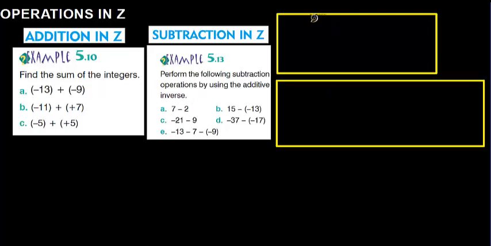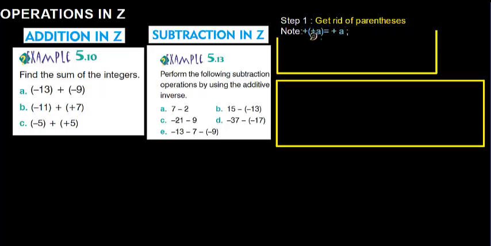I have written the steps here. The first step is to get rid of parentheses. While we are removing the parentheses, we have to be careful about the signs. If we have plus and plus, which means inside the parentheses we have a positive term and in front of the parentheses we have a plus sign, it's going to be plus.